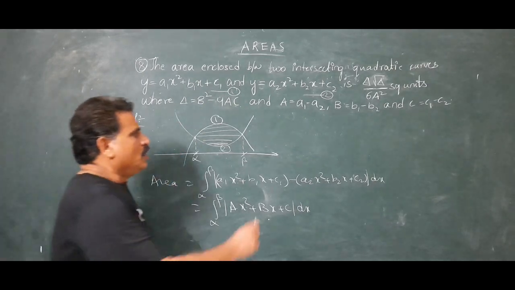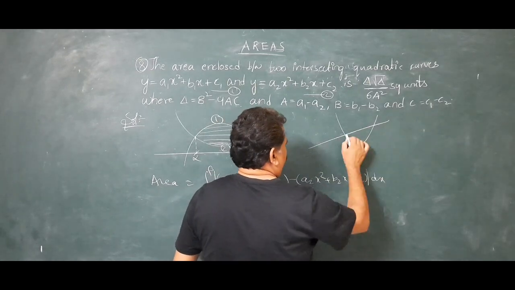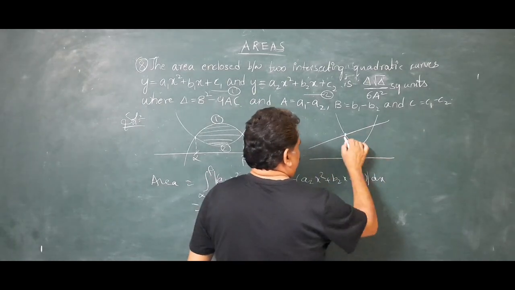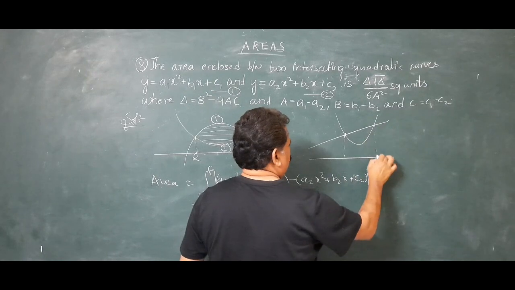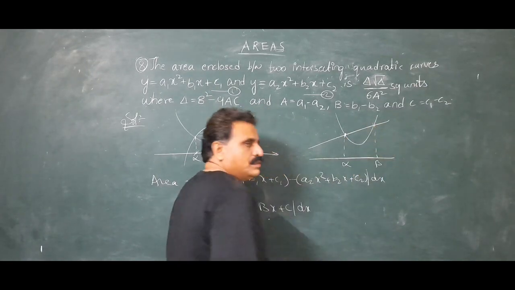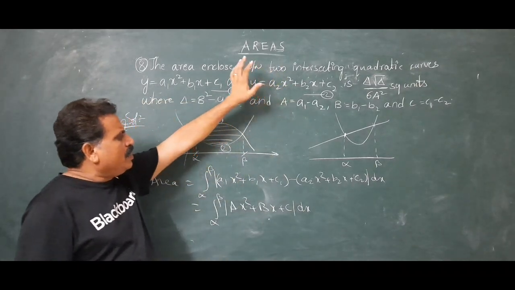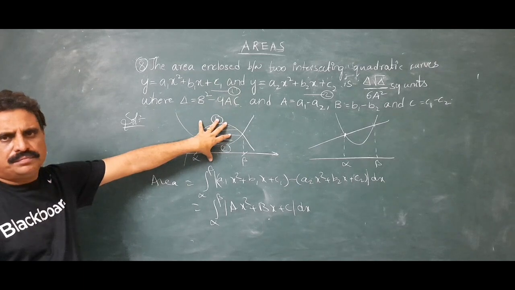For example, if a parabola, a quadratic curve and a line are given, then we get that this is alpha and this is beta, alpha to beta, line minus curve. So if two quadratic expressions are given, we can apply this formula.